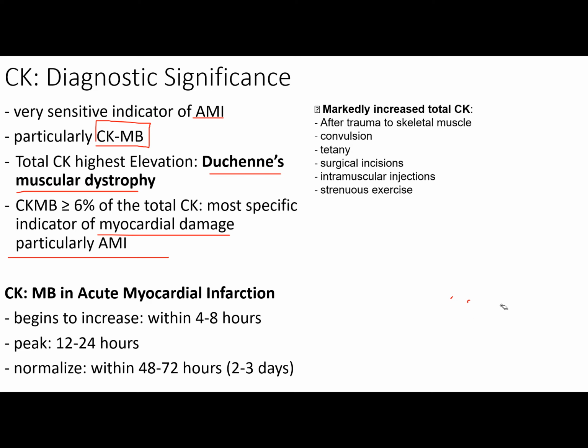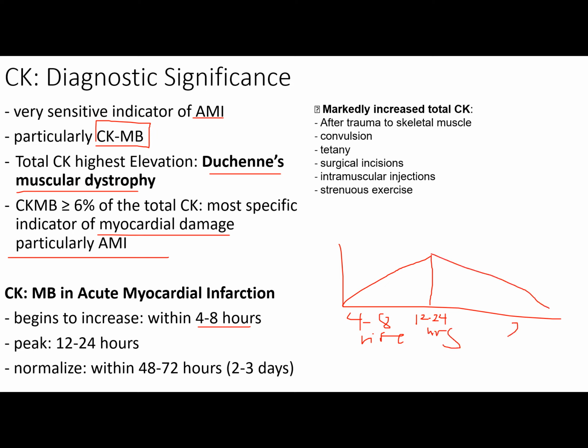Now, paano mo ba mamamonitor yung rise ng CKMB mo kapag may acute myocardial infarction? So ito yung pattern niya, class. It would rise within 4 to 8 hours. So if a patient suffers from acute myocardial infarction, within 4 to 8 hours, magra-rise siya. It would peak as early as 12 to 24 hours and would return to normal within 2 to 3 days.